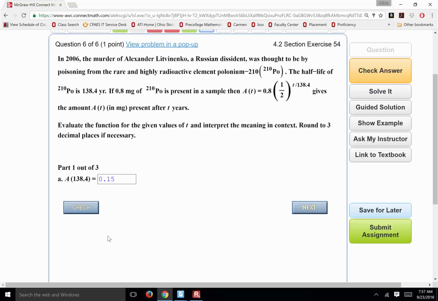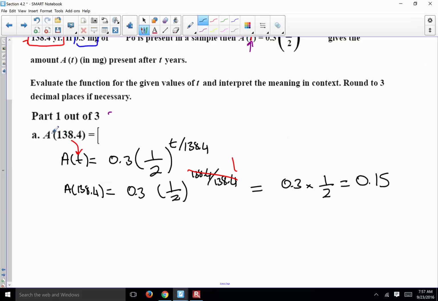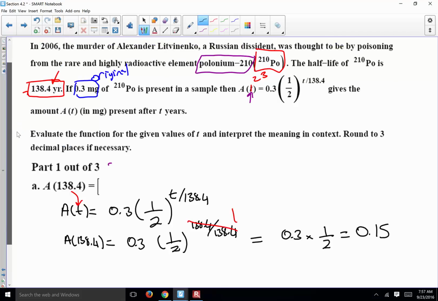Wow, why is it wrong? Oh, okay. I'm sorry. I'm wrong. I'm answering the wrong question actually. That's why. My question is a little bit different. It's 0.8 milligram. So in my question, this number is 0.8. If that number is 0.8, then we have 0.4. Okay.